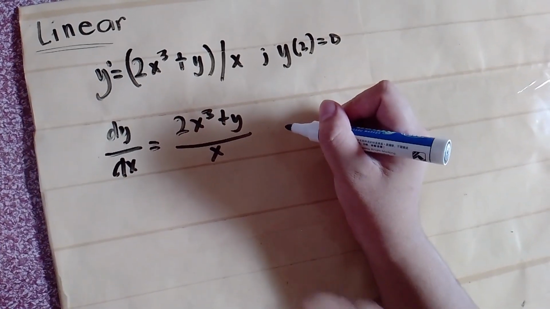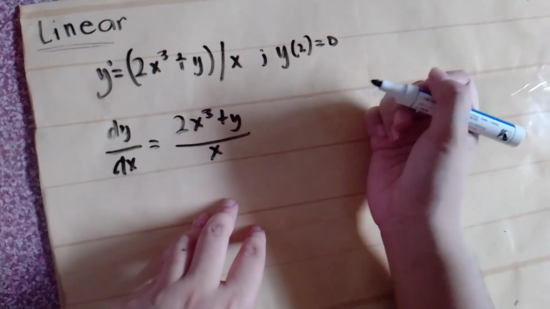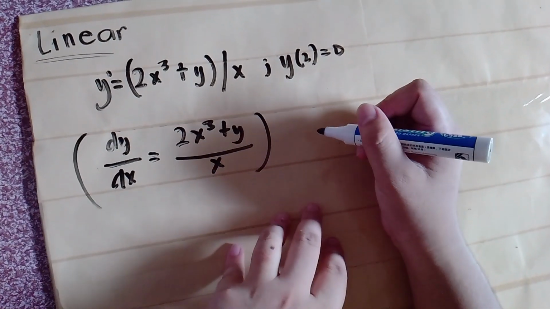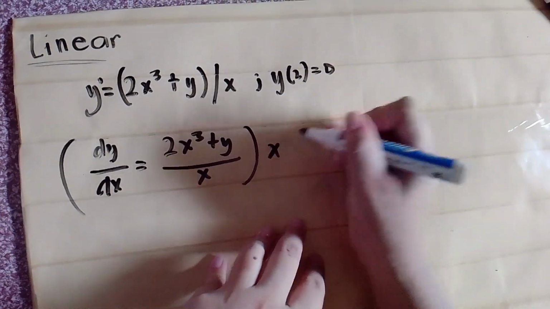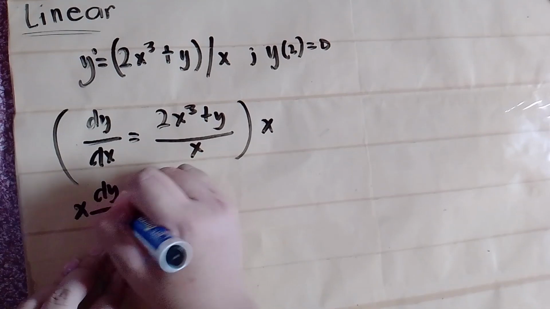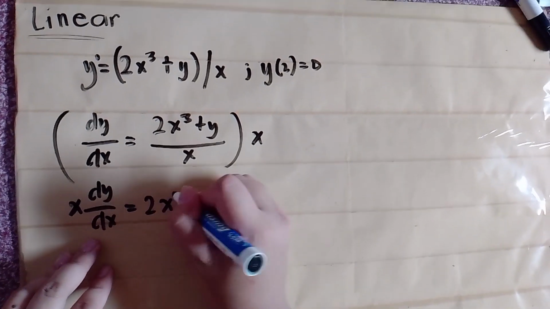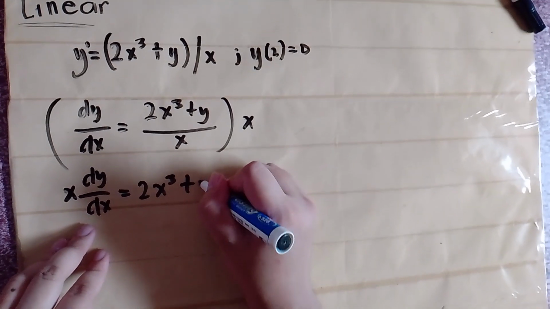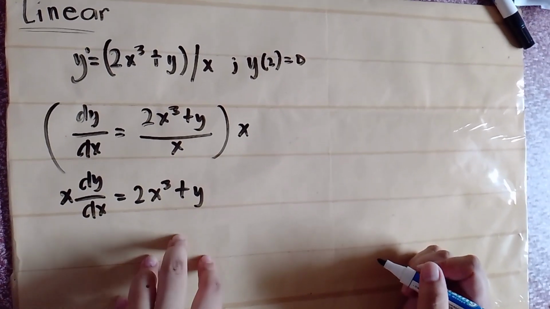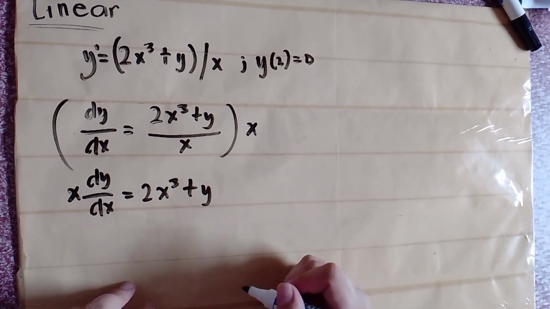So we have to form the standard form of this equation. We have to multiply both sides by x. So we have x dy over dx is equal to 2x cubed plus y, and we have to put the y on the other side of the equation.